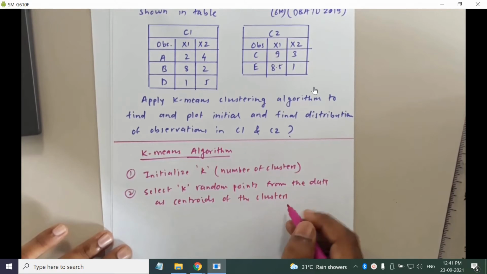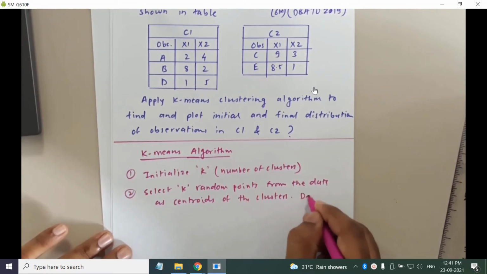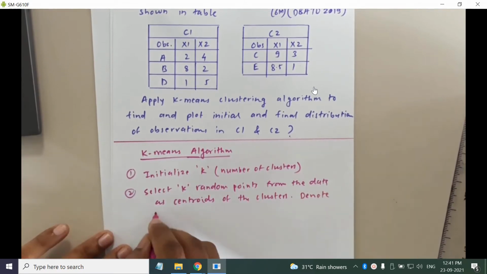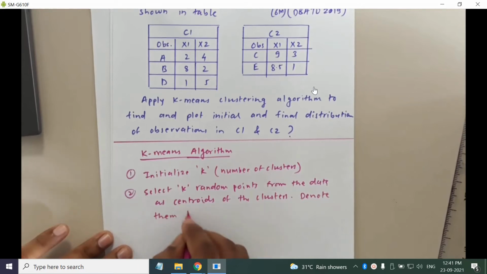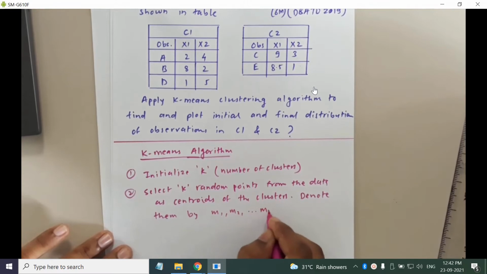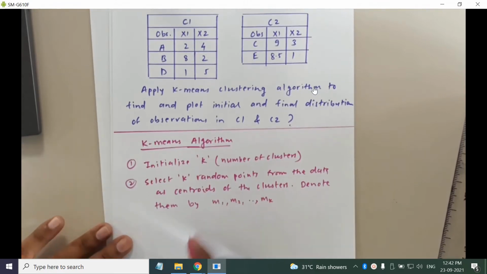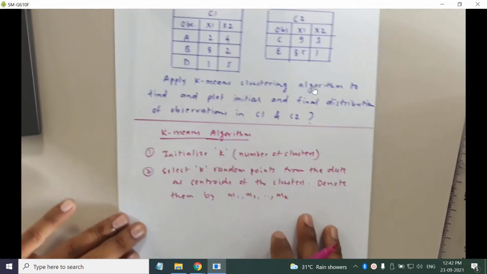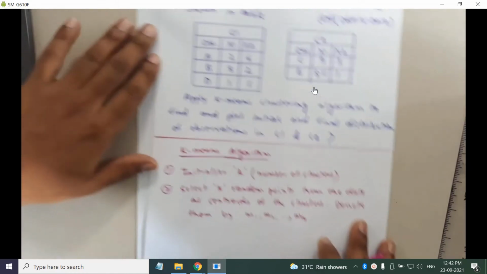Let's denote them by m1, m2, ..., mk. m stands for means actually. So you can either call them means or centroids.